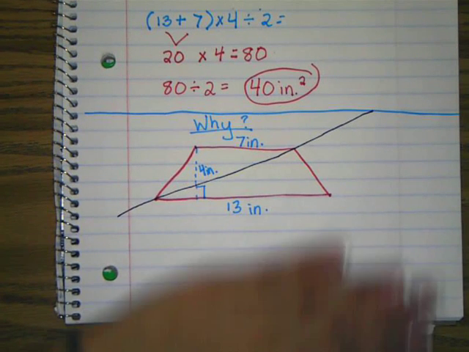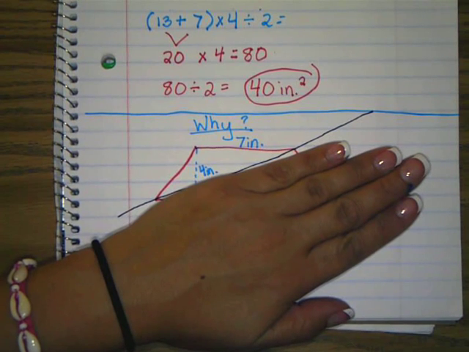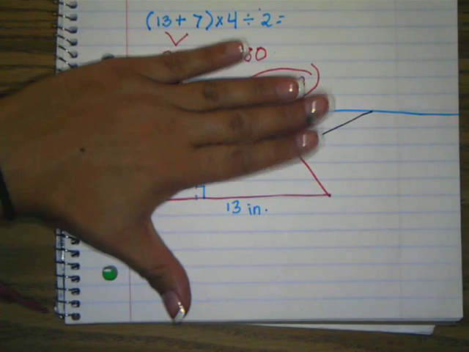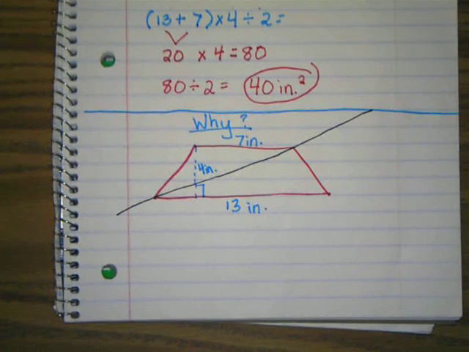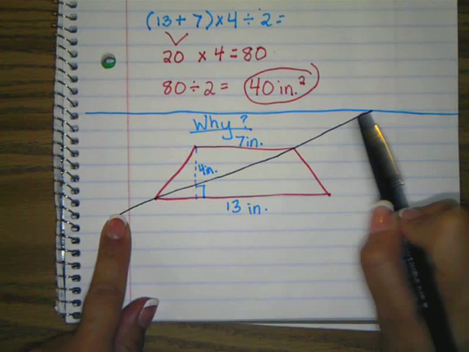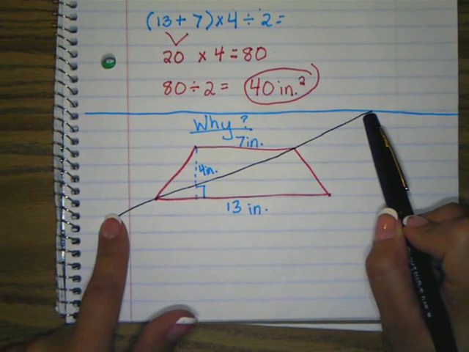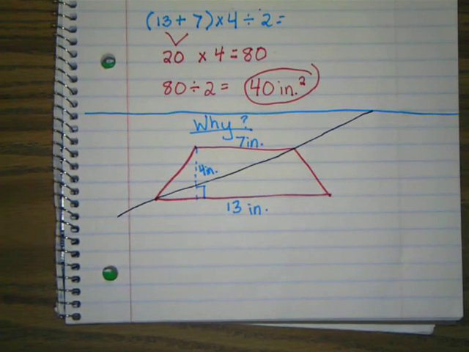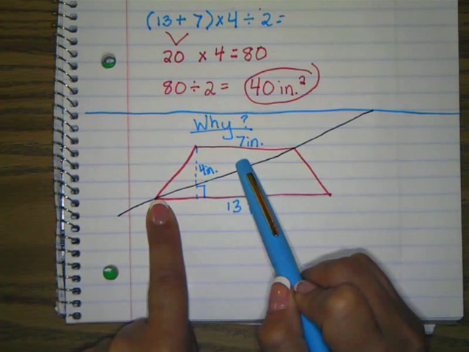Isn't that a triangle? Yeah. Is that a triangle? Yeah. Okay. So if I cut them in half, and this is the second way that you might decide to do it, now I can find the area of one triangle, add it to the area of a second triangle.